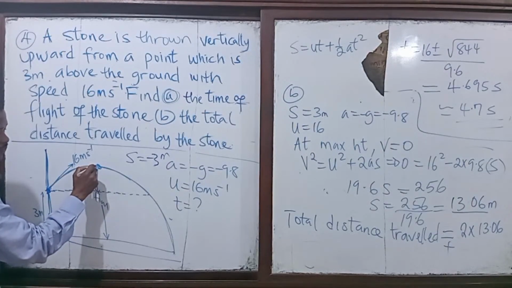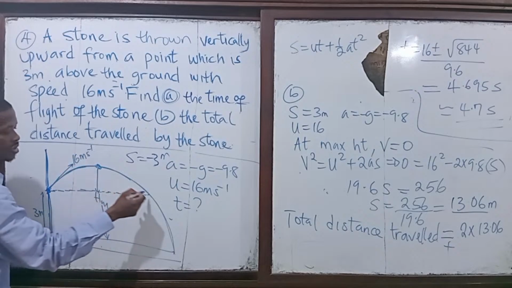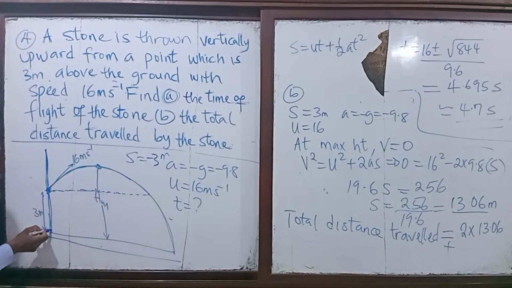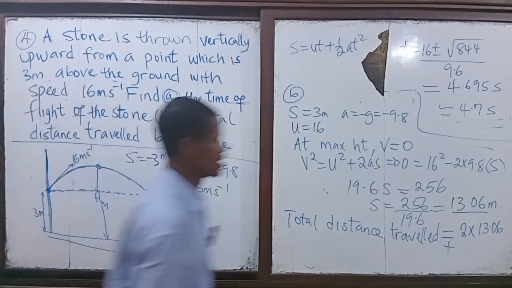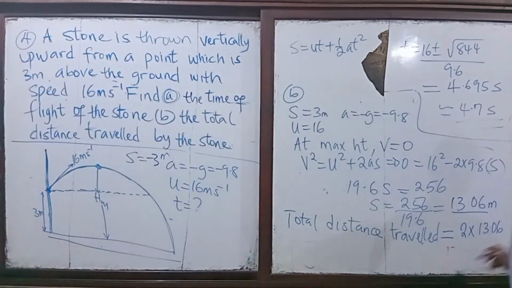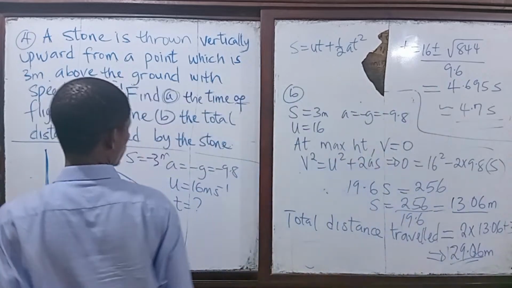So times 2 to get back here, and then plus the one below the point of projection, plus 3. Use the calculator and you get your answer: 29.06 meter. That's the total distance traveled by the stone.